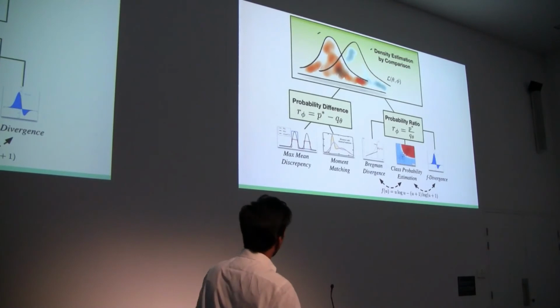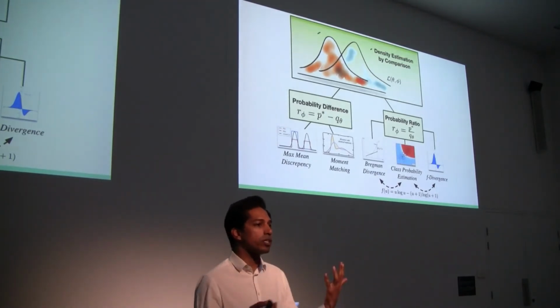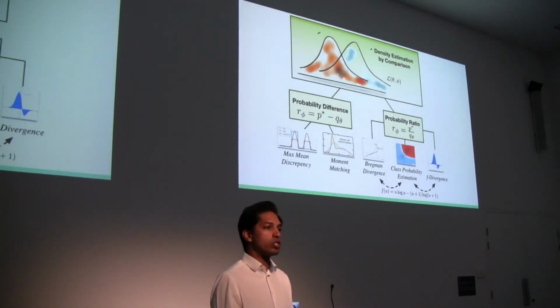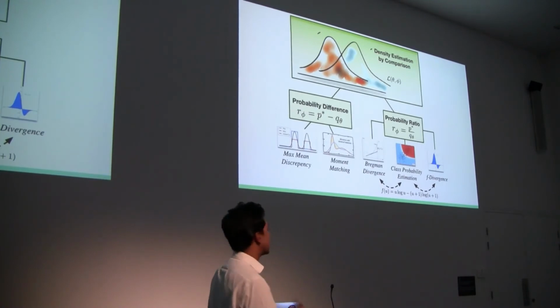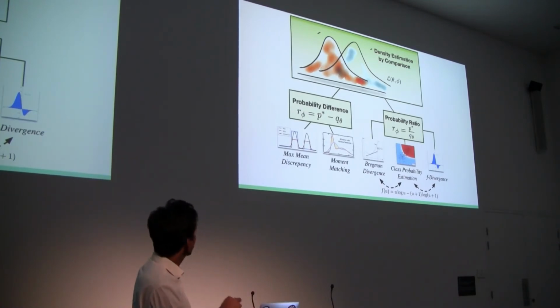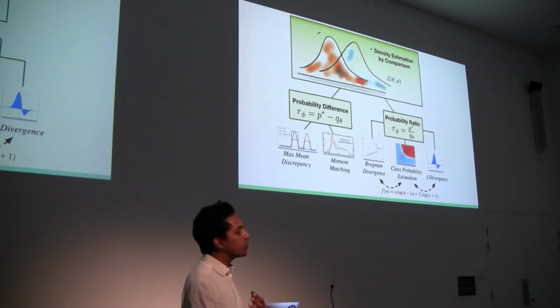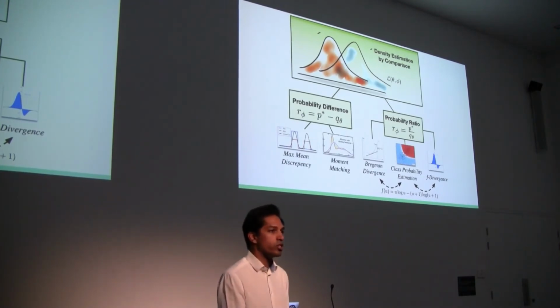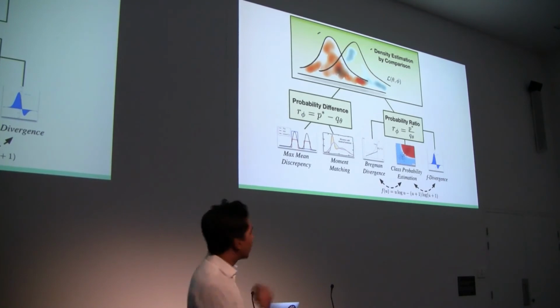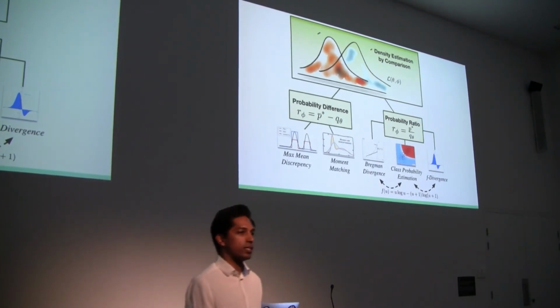So here's a little diagram that summarizes, in general, one way of seeing all the different solutions for learning by comparison, or density estimation by comparison. Because you have two distributions which you need to compare, you can either compute the ratio of these two distributions, and when the ratio is 1, then you've actually learned the data distribution, or you can take the difference of them, and when the difference is 0, then you've also learned the distribution.